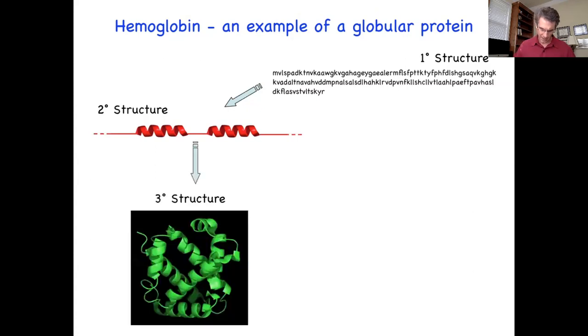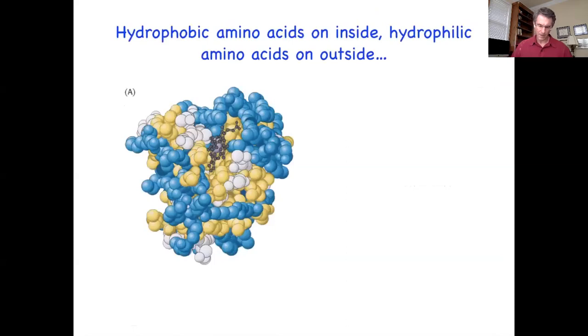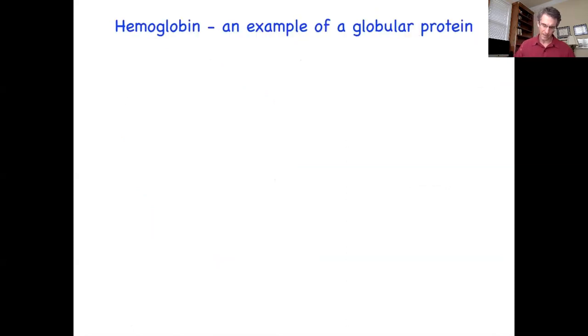And those alpha helices then get stacked against each other in a very particular three-dimensional arrangement. And then there are two different variants. There's an A subunit and a B subunit, or an alpha and a beta subunit, for hemoglobin. And you have two of each that come together in the quaternary structure of hemoglobin to form the hemoglobin tetramer.